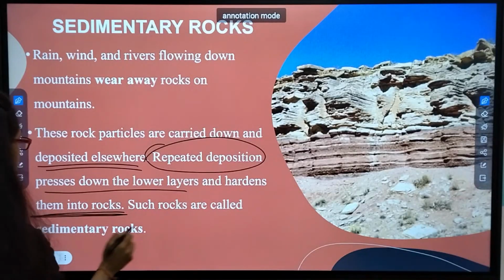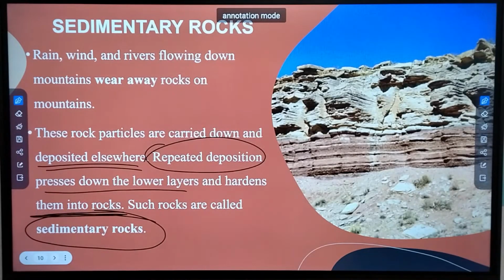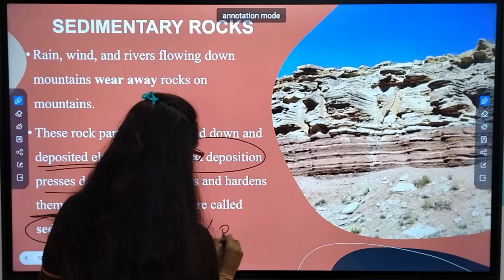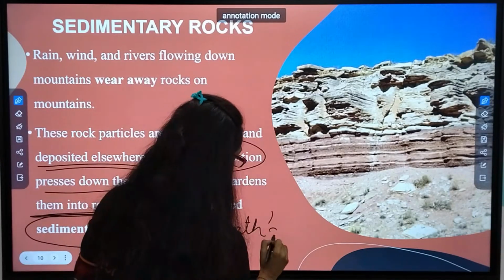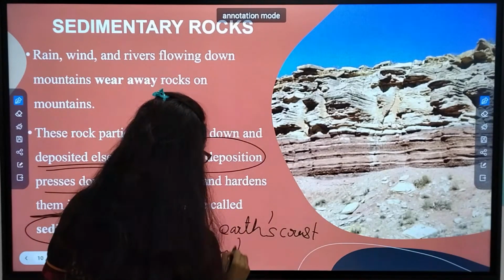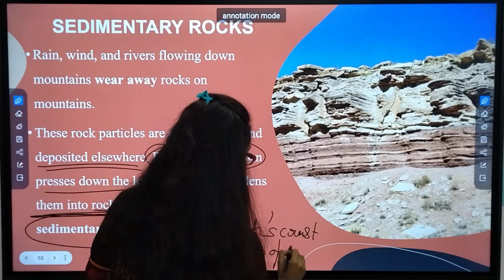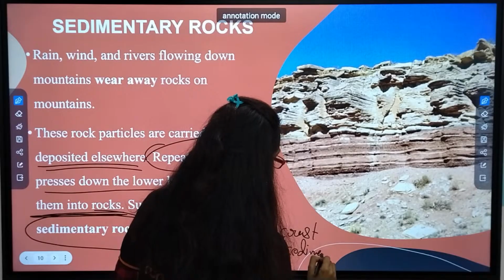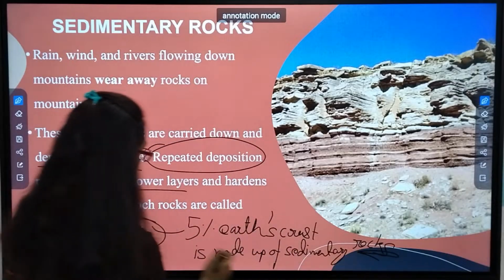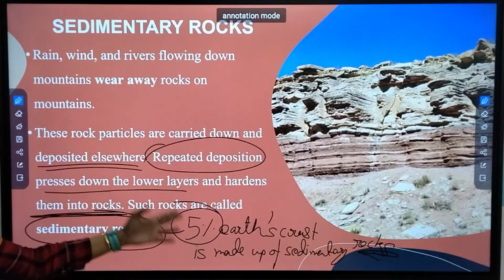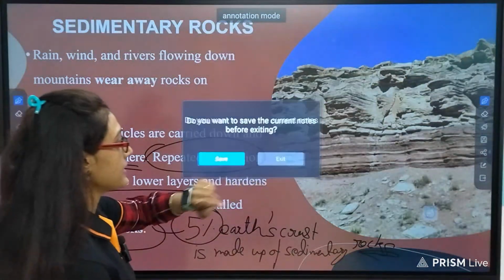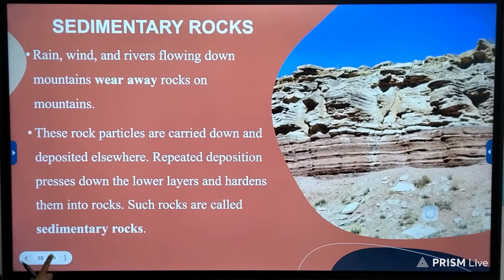Such rocks are called sedimentary rock, and only 5% of our Earth's crust is made up of sedimentary rocks. Maximum, it will be less than 5% also.